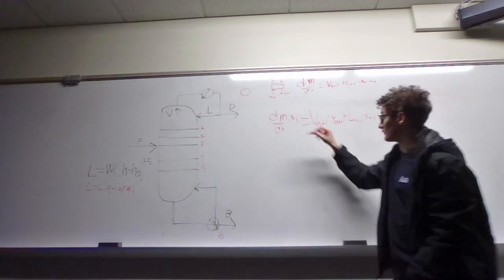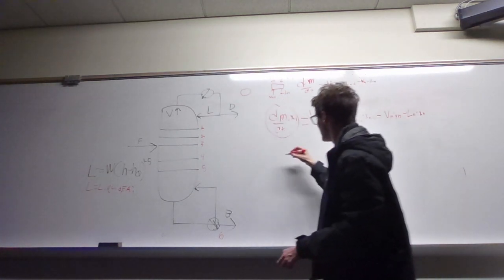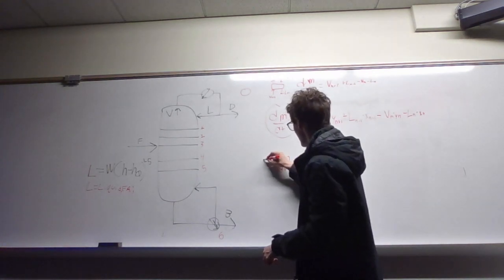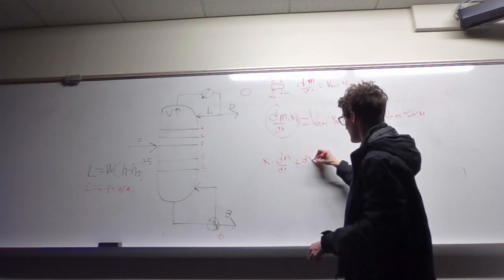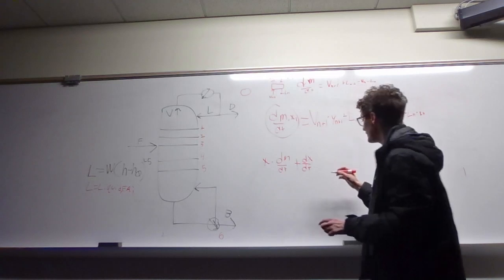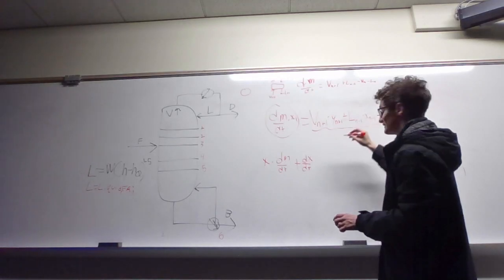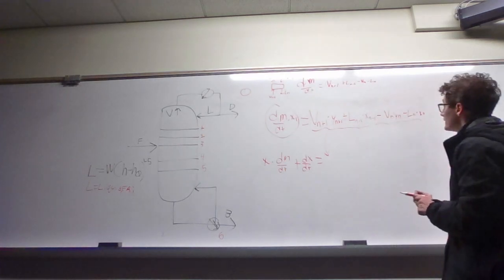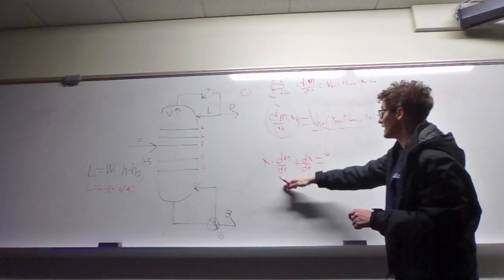And what you end up getting over here is a product rule. So you end up having dm/dt times x plus dx/dt, I believe, which equals this same lovely spiel. So we're just not going to write that down, so it equals that. And what you end up getting is you can plug this part down here.